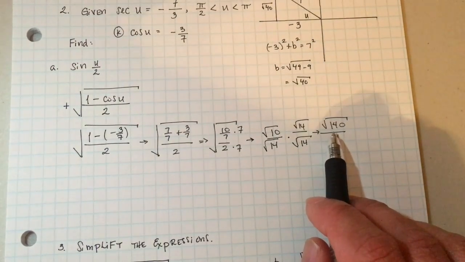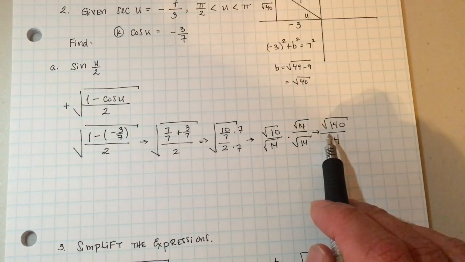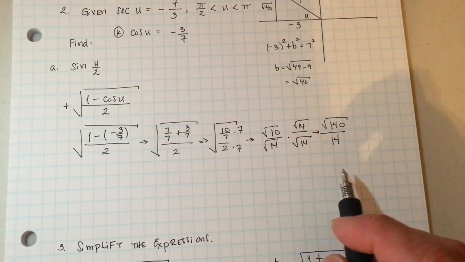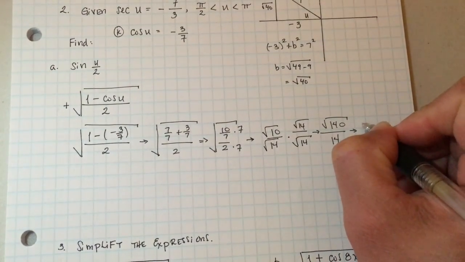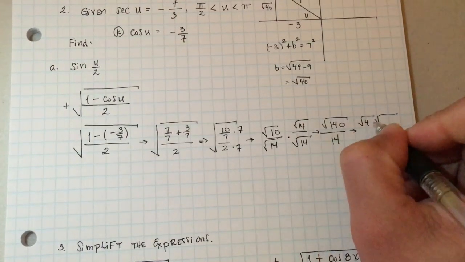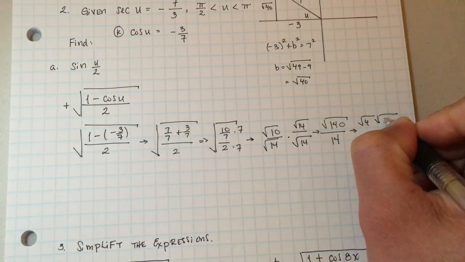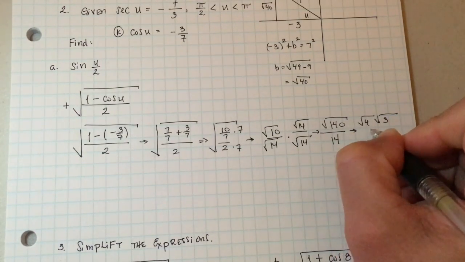Let's see, is 4 going to it? Yeah, it actually does. 4 goes into 140, 35 times. 4 goes into 14 3 times, and then 12, 2 left over, 20.